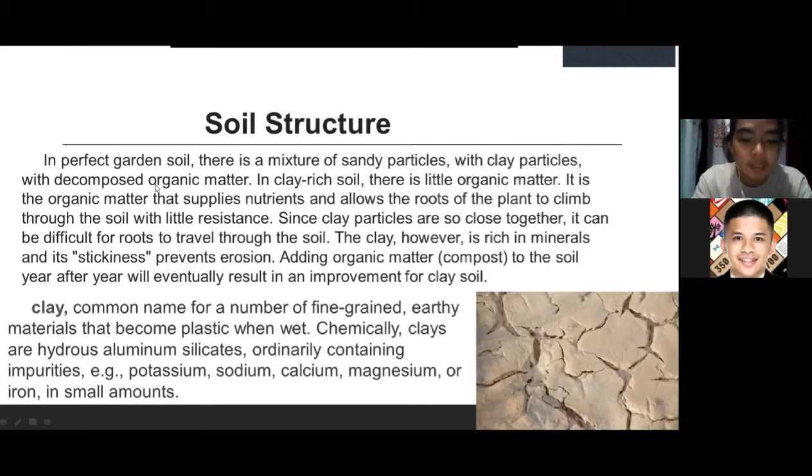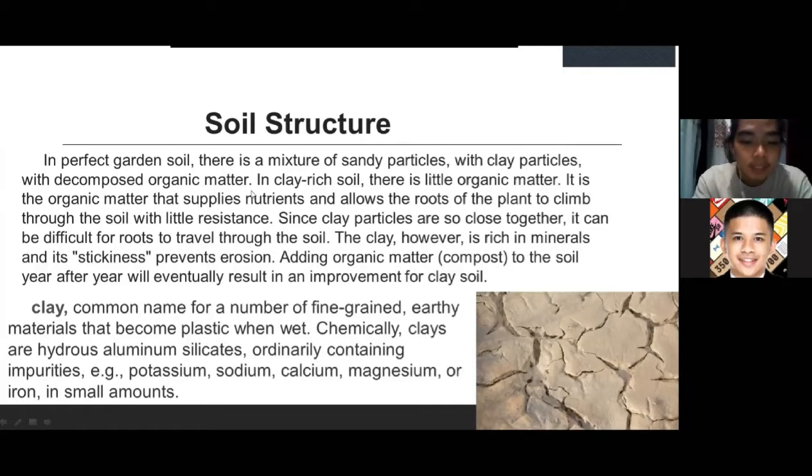If clay particles are so close together, it can be difficult for roots to travel through the soil. The clay, however, is rich in minerals and its stickiness prevents erosion. Adding organic matter to the soil year after year will eventually result in improvement for clay soil.